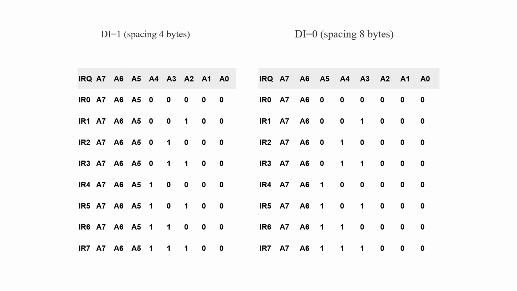IR2 interrupt request line is going to receive the interrupt requests for interrupt type 2, type 10, type 18, type 26, type 34 and so on, for which lower 5 bits are 01000.